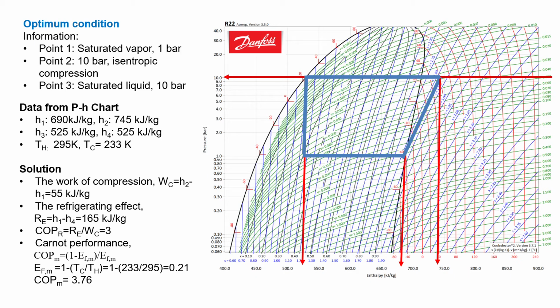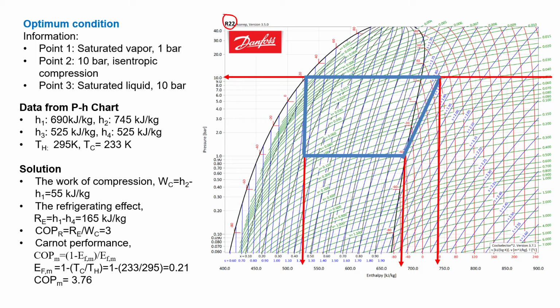Okay, the same as before. The step is we need to find out the appropriate pH chart for R22. So we have it here, and then we need to address point by point. To make it easier, instead of starting with the sub-optimum condition, I start with the optimum condition first.